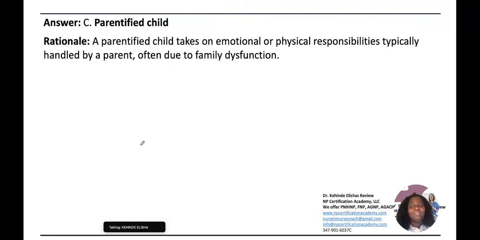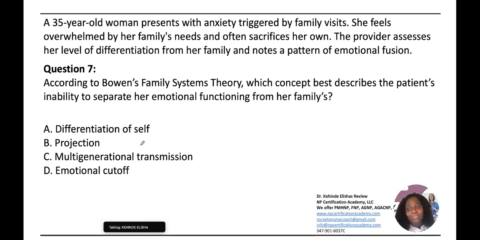That is not good. So we have to be careful how much we expose these kids to. There is only so much their brain can take. A parentified child takes on emotional or physical responsibility typically handled by a parent, often due to family dysfunction. It is not normal.